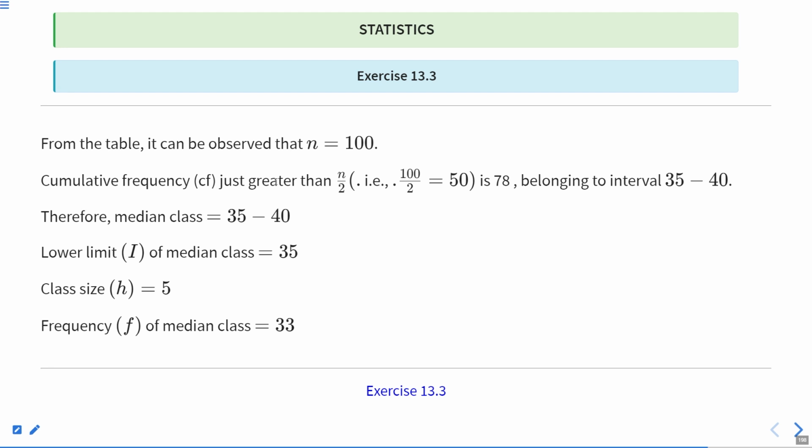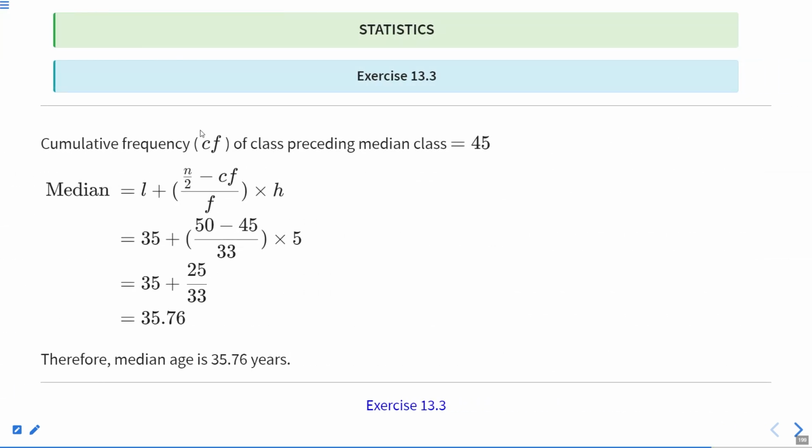Therefore the median class is 35 to 40. The lower limit of the median class is 35, class size h is equal to 5, and frequency f of the median class is 33. The cumulative frequency CF of the class preceding the median class is 45.